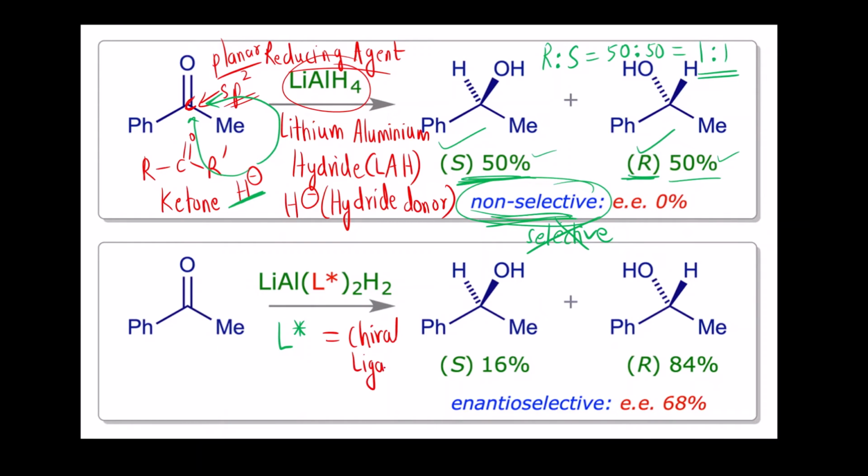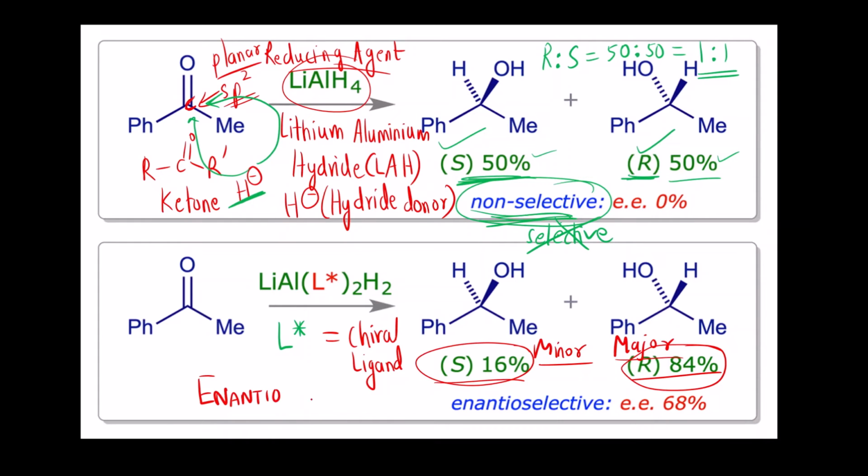Okay, so what happens? One enantiomer is formed in excess. R is the major product, and S is formed in 16%, that is S is the minor product. So here you can see both R and S are enantiomers, so I write the prefix as enantio, and both the isomers are formed, so we call it selective.